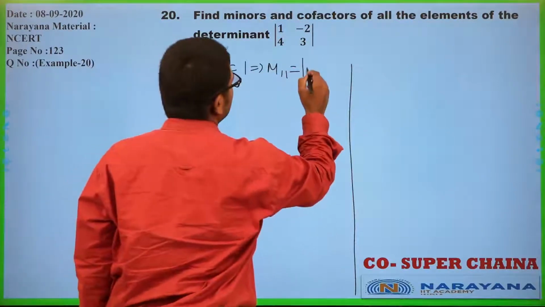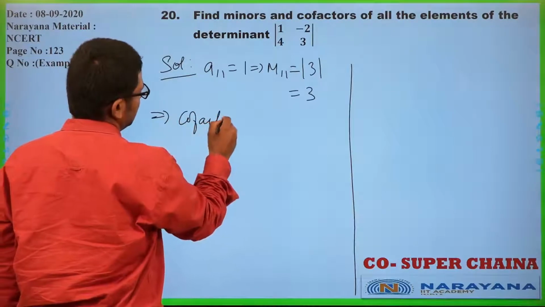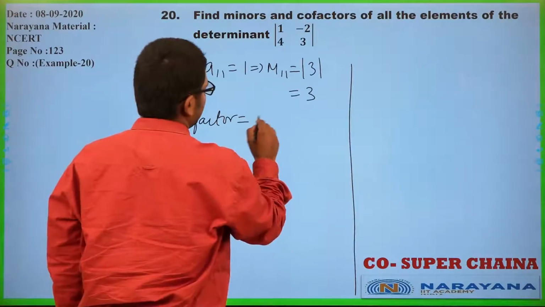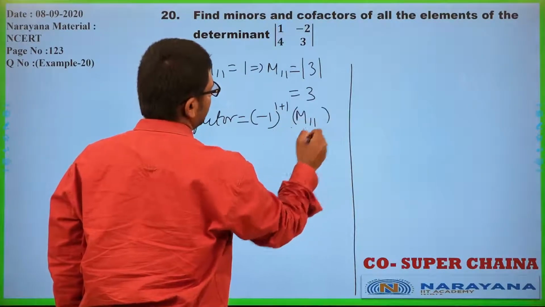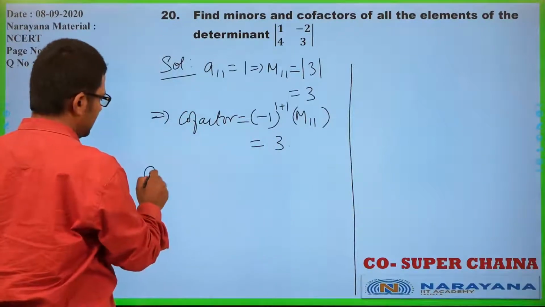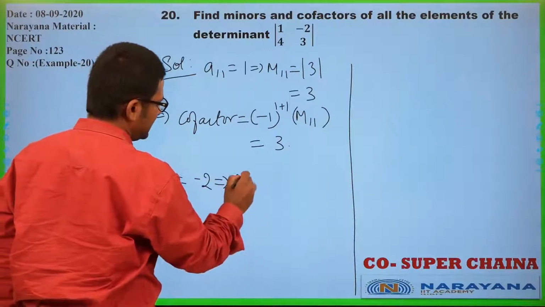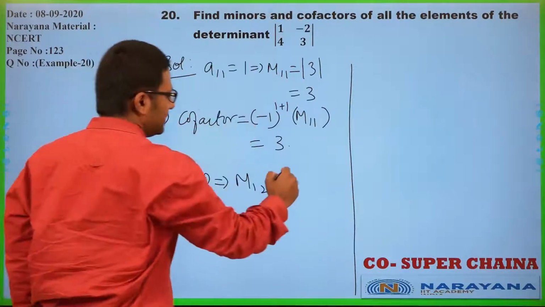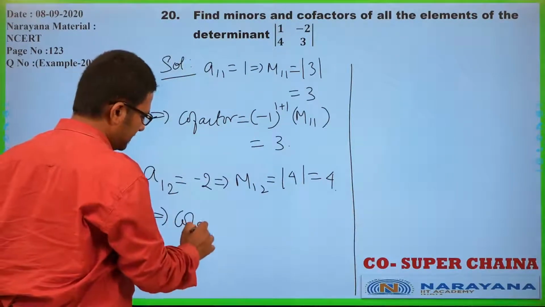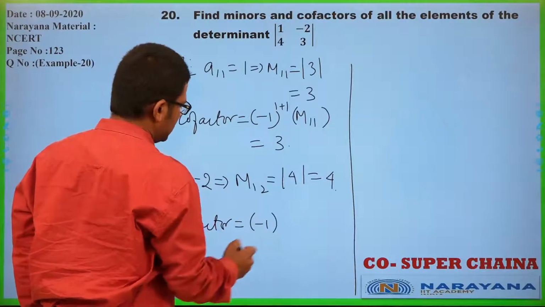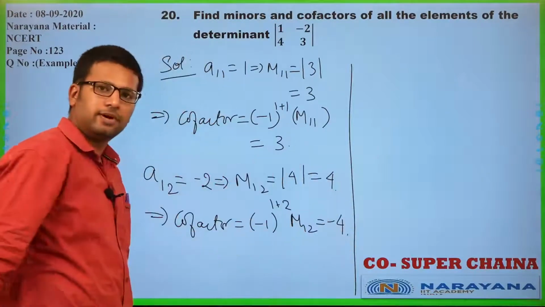So for 1 it's going to be 3, which means cofactor would be -1 raised to 1 plus 1 times M11, which is 3 only. Then A12 would be the element -2, which means M12 is the element opposite -2, which is 4. Therefore, cofactor is -1 raised to 1 plus 2 M12, which is -4, correct?